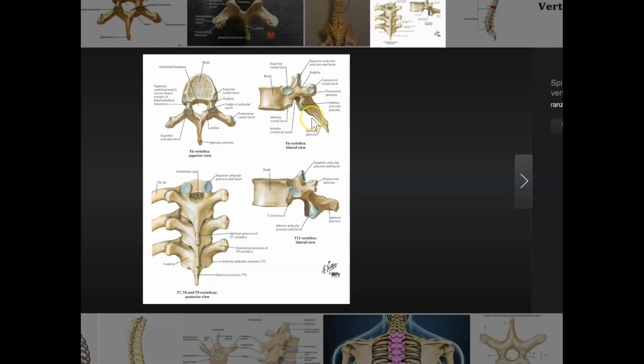What you're seeing at the top here is a very typical thoracic vertebra. The one you see at the bottom, T12, is really a transition from the typical thoracic vertebrae to the sturdier, bulkier looking lumbar vertebrae, but we're just going to look at the typical T6 vertebra. It's got a pretty sturdy body. It's got facets or surfaces for the ribs to articulate or join against those vertebrae.